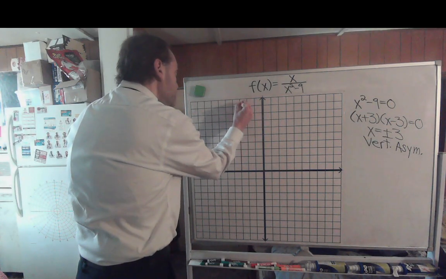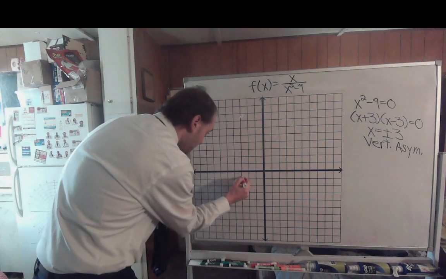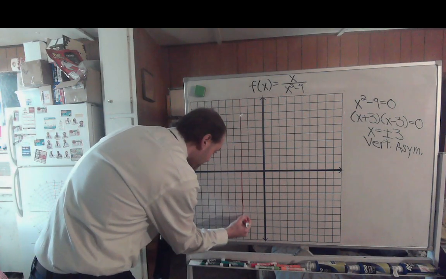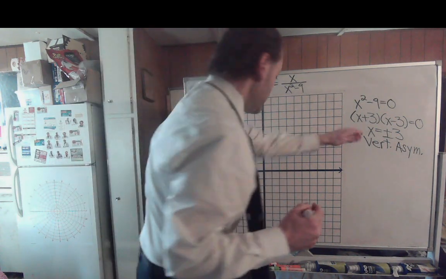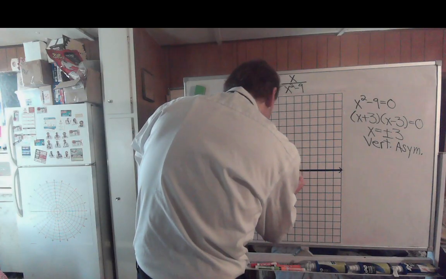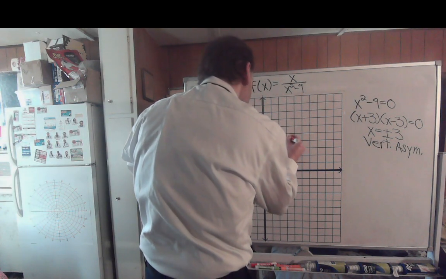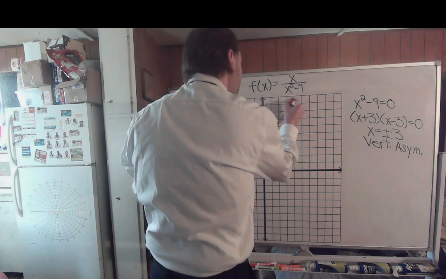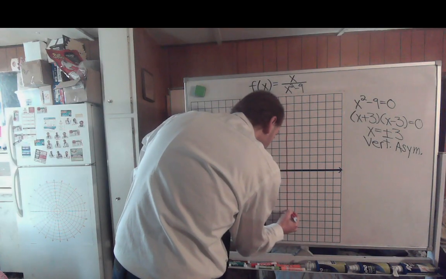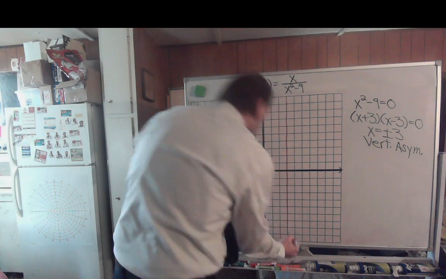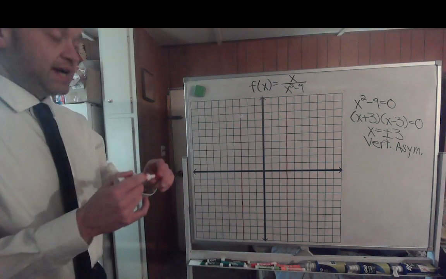So let's go ahead and draw those asymptotes on the graph. Now we also have when x equals positive 3. That's yet another asymptote. Alright, so we've got both of our vertical asymptotes.